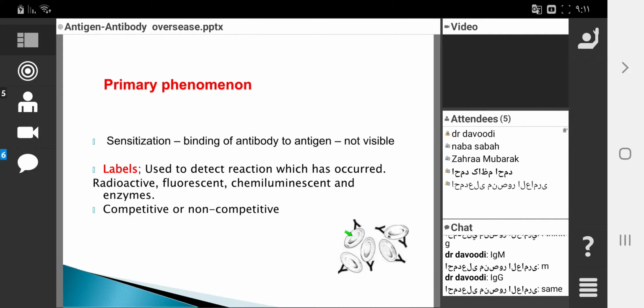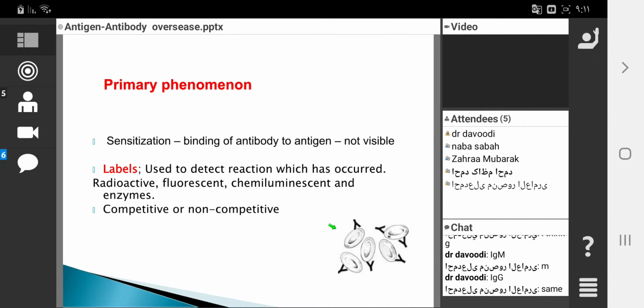Antibody binds to the antigen, but they do not aggregate together, so we cannot see it. It is not visible by our eyes.